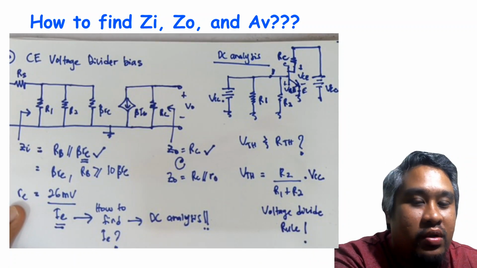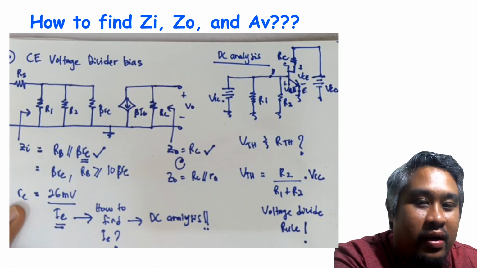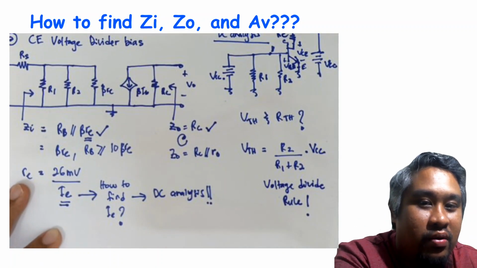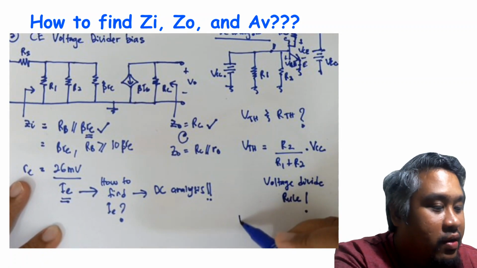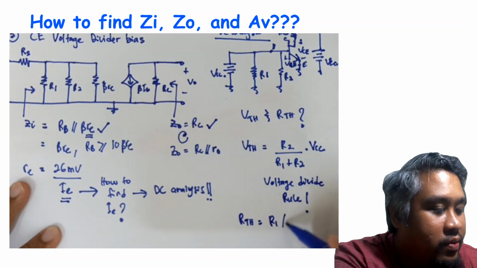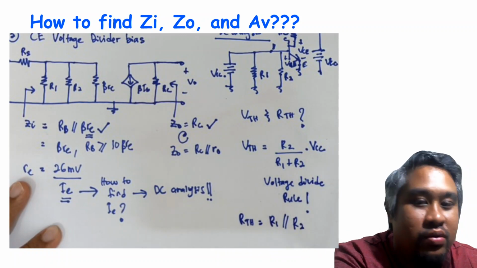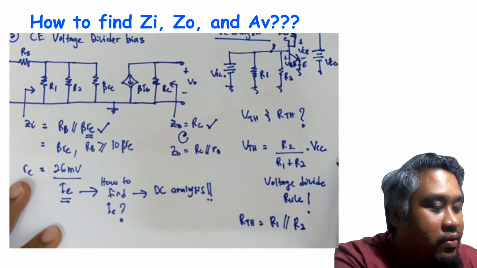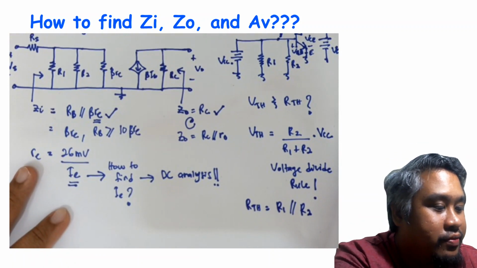Then we have to find RTH. How to find RTH? RTH equals R1 parallel with R2. Okay, settled.